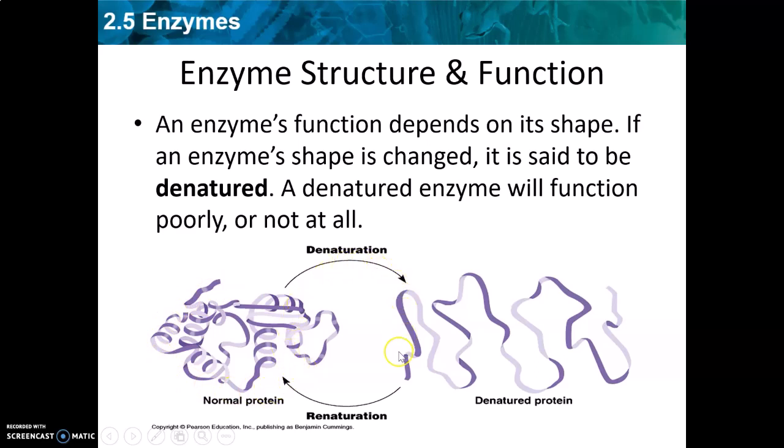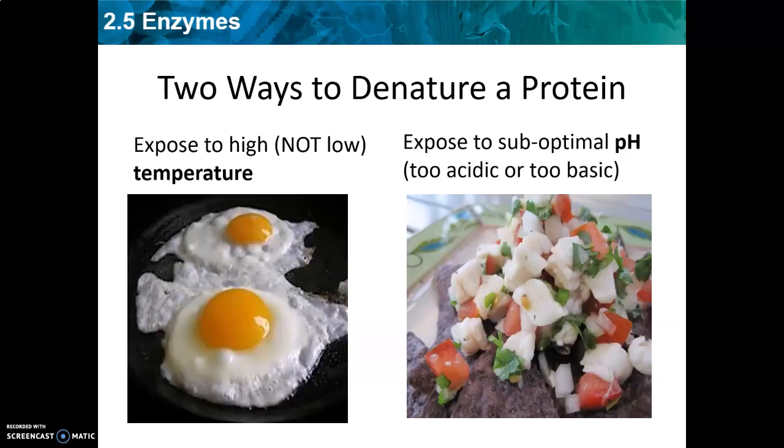So we have what a normal protein should look like on the left. If it becomes denatured, you can see that it loses all of that specific structure, and now it has a completely different shape, so it's not going to fit with its substrate anymore or be able to catalyze its reaction. Now, there are two major ways to denature a protein that you will normally run across in this class.